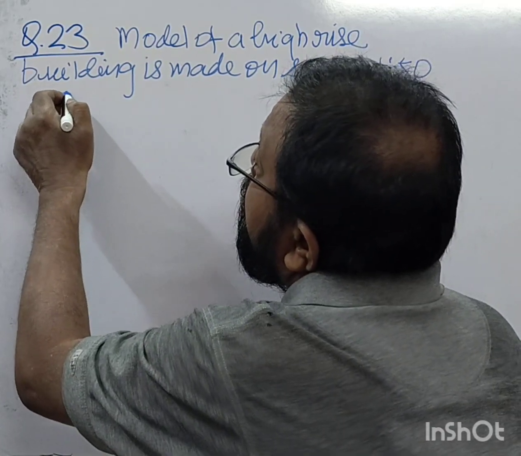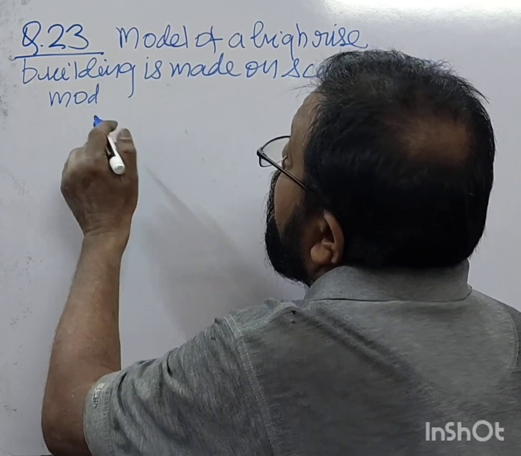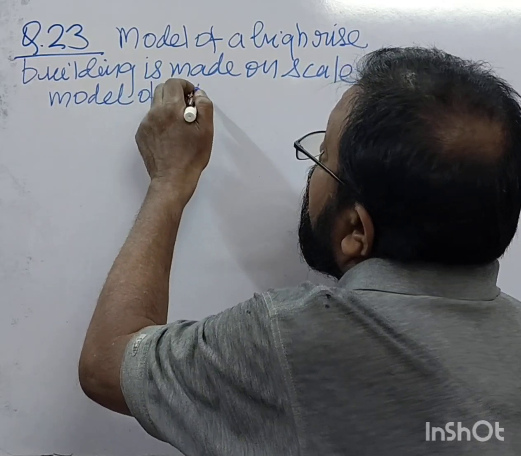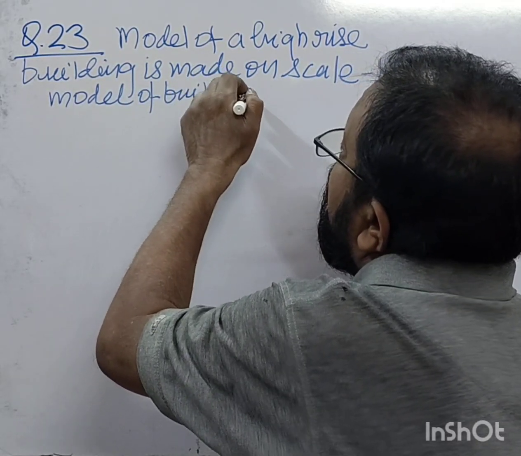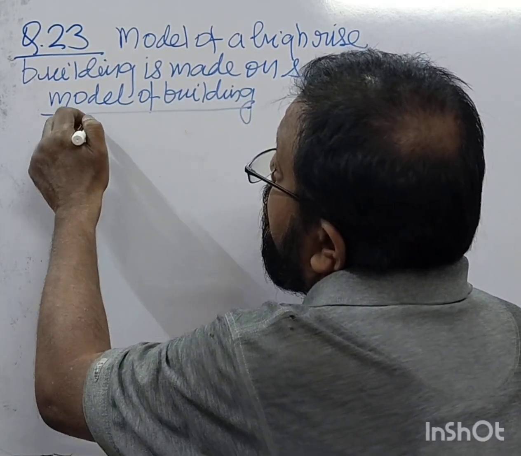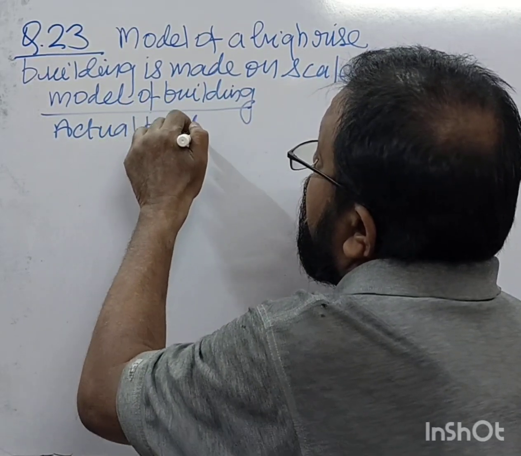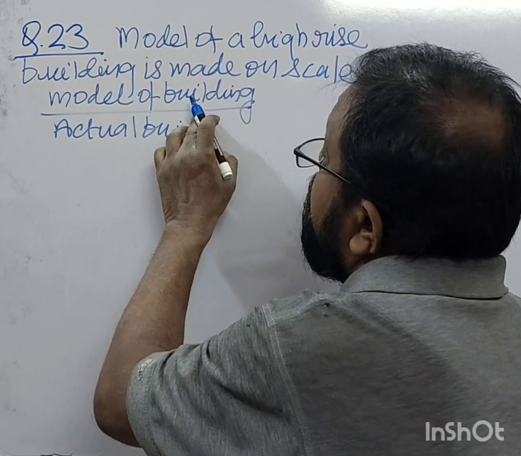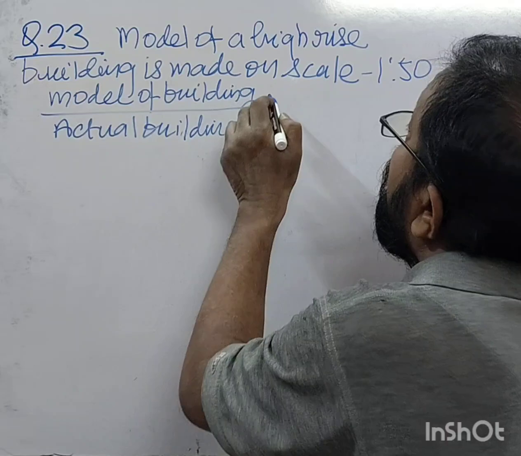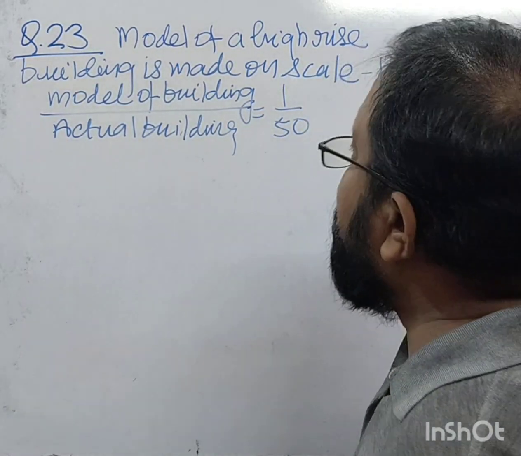So you can write model of building upon actual building is equal to 1/50, right?